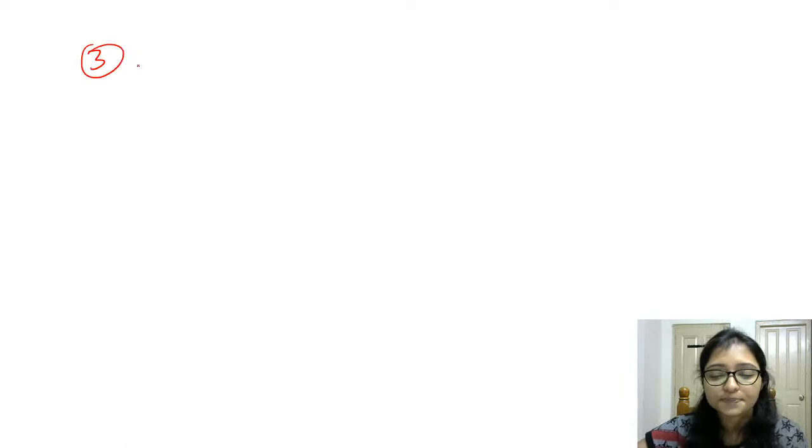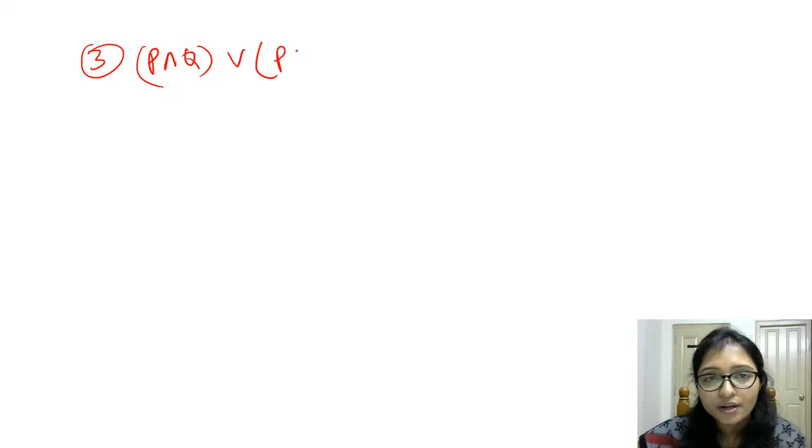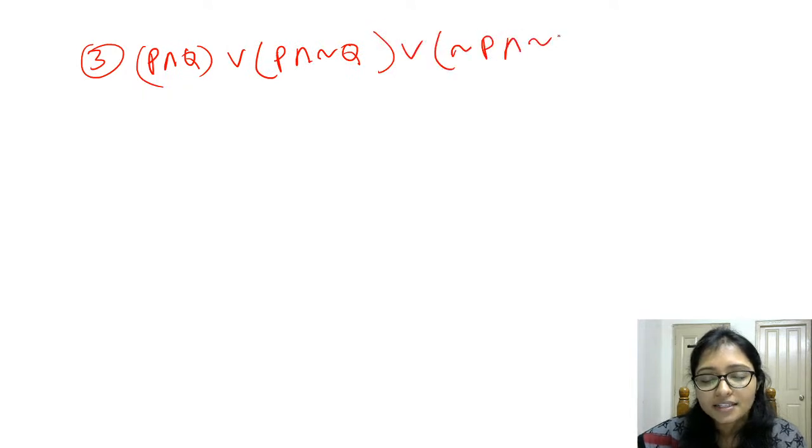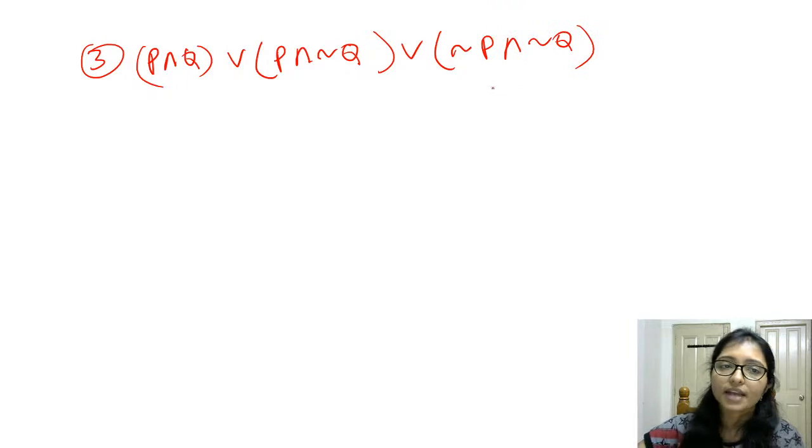Try to apply the digital logic here. So option 3 was P and Q, or P and not Q, or not P and not Q, right?